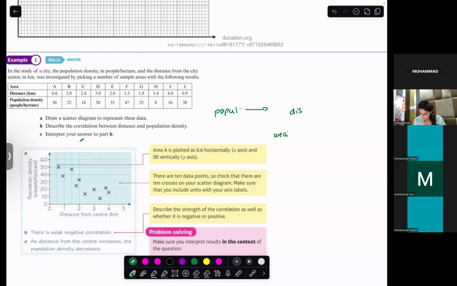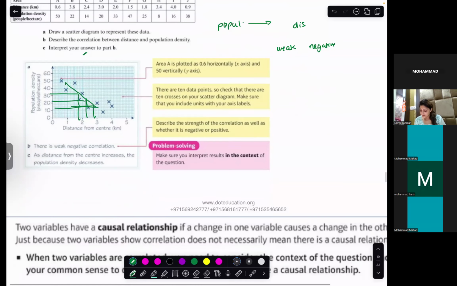As the distance from the center increases, the population density decreases. So as you're moving away from the center, population density decreases. Are you with me?